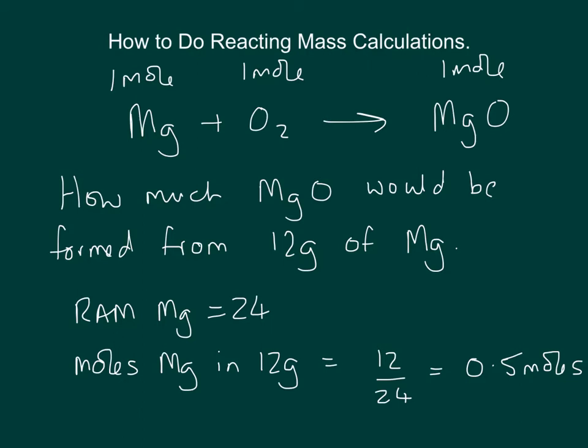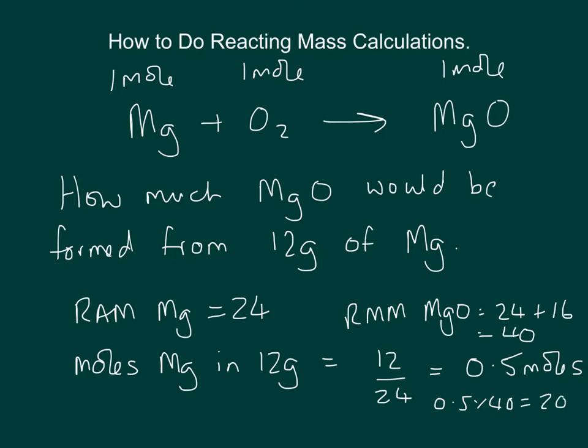The relative molecular mass of magnesium oxide equals 24 from the magnesium plus 16, which equals 40. 0.5 moles of magnesium oxide therefore equals 0.5 times 40, which equals 20 grams. Therefore 12 grams of magnesium will make 20 grams of magnesium oxide.